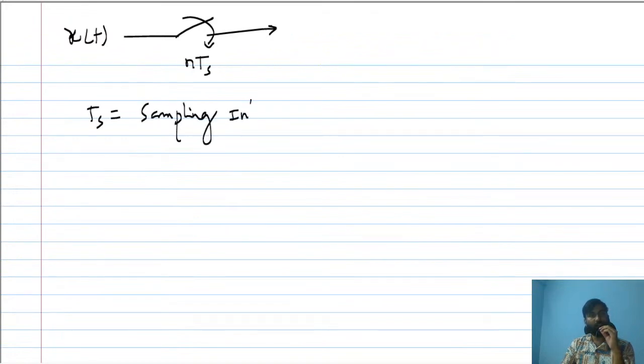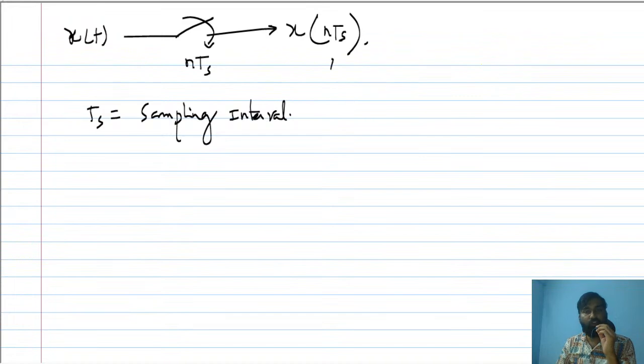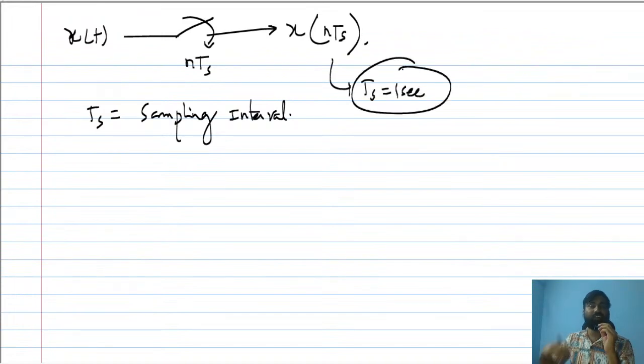You replace this t by n Ts, and we always consider Ts equal to 1 second, normalized. If it is not given, you can always put Ts equal to 1 second. If it is given, that value you have to put here.